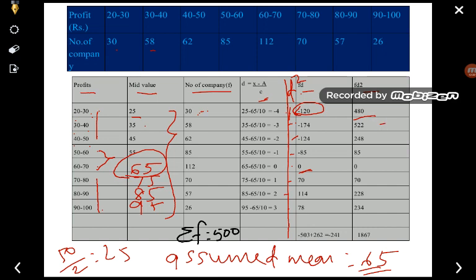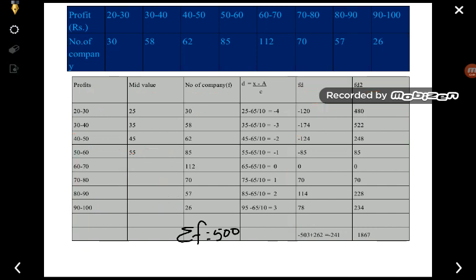So by taking the summation of FD square, what will we get? 1867. And this is the summation of FD, that is equal to minus.